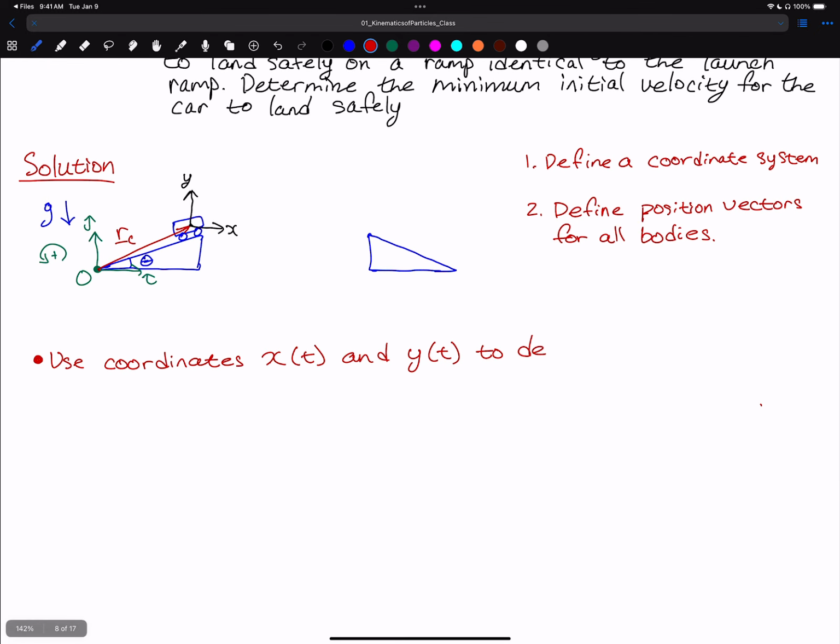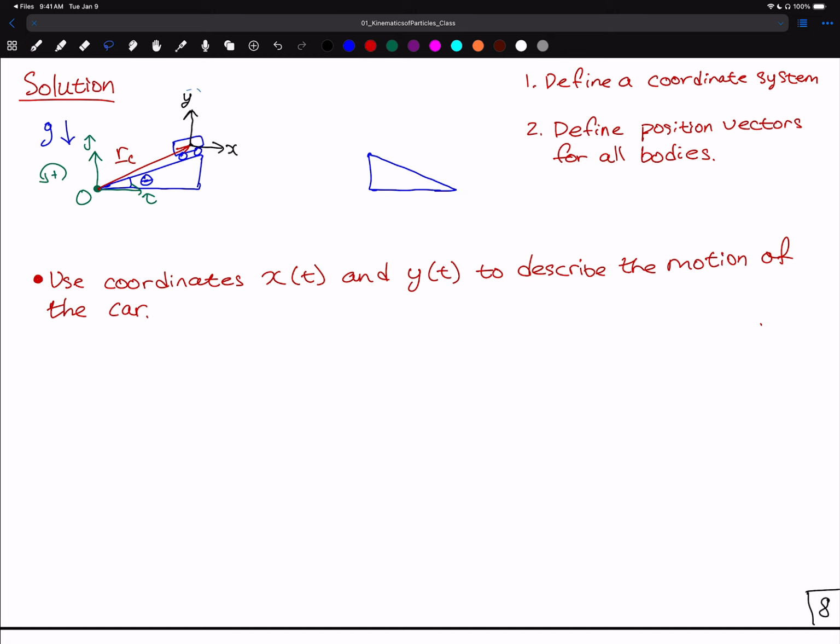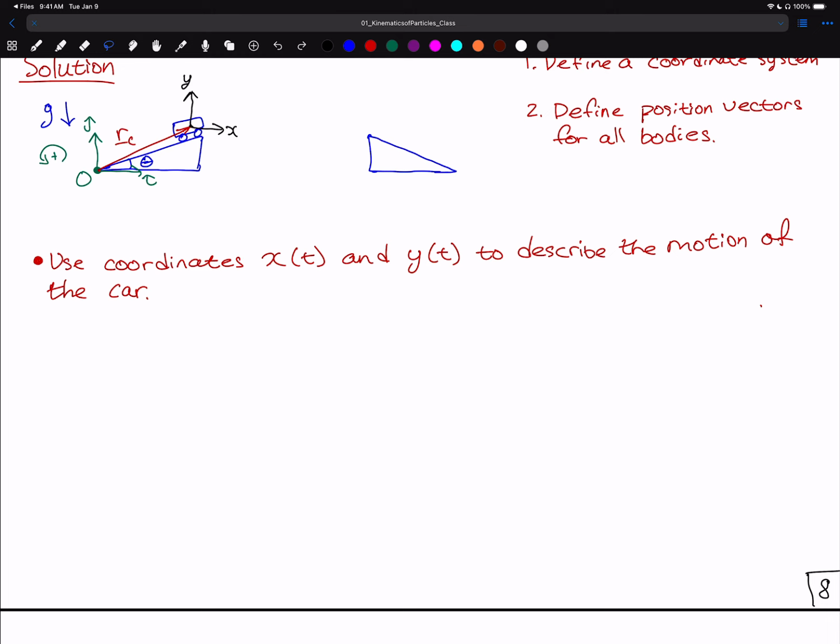Let's actually go and move our coordinate system so that it connects to, well, actually we'll leave it where it is. It's the center of the car, and we're treating it as a particle, so all of that should be fine.